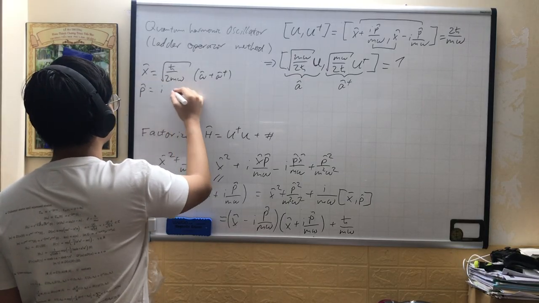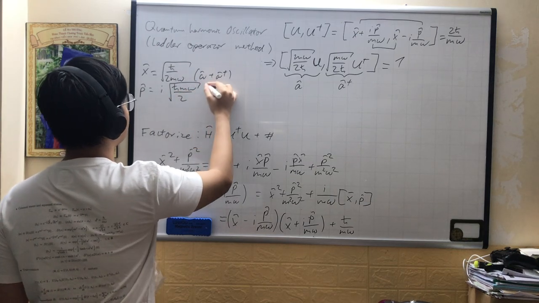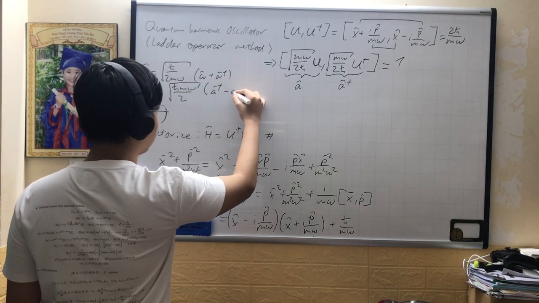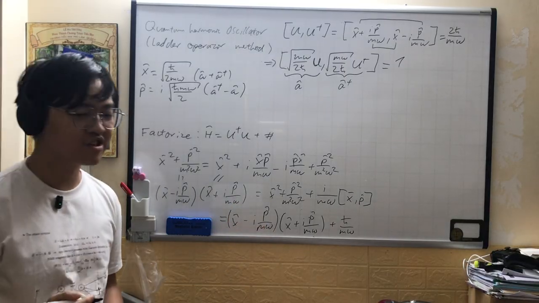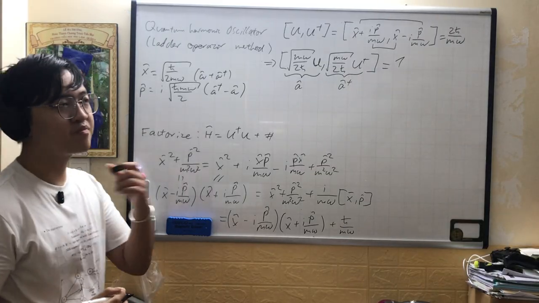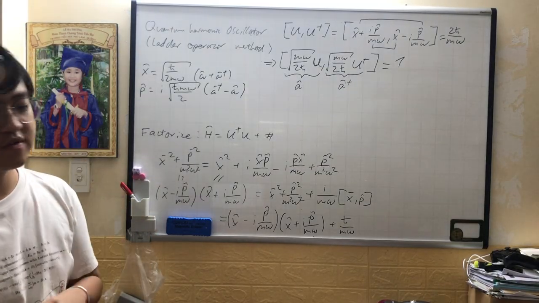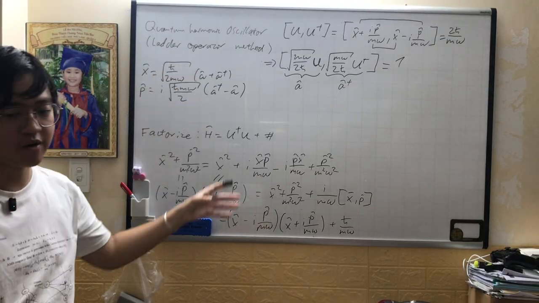P is this, a dagger minus a. Well, you're gonna use this a lot, so it's good to remember these. Yeah, you only have to know these for now.